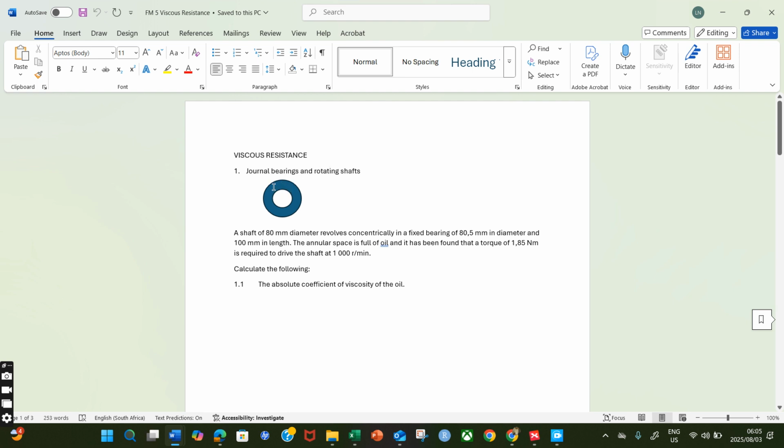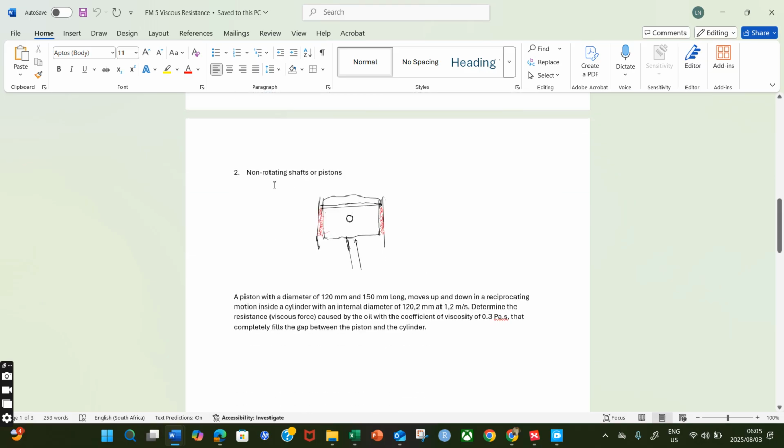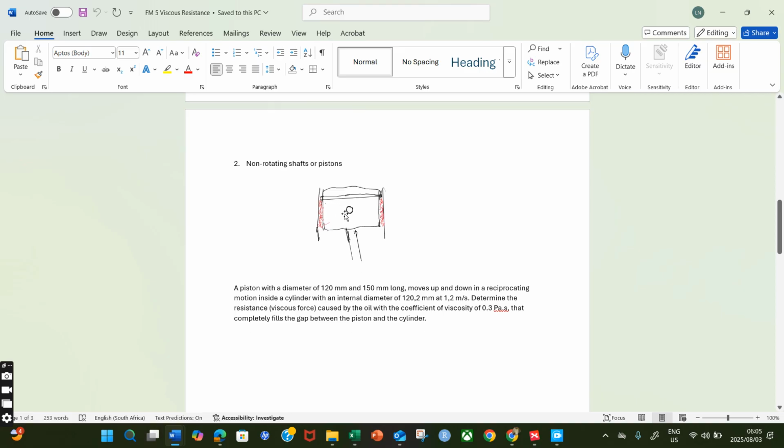We have different types of questions related to the viscous force. First, we have the ones related to the general bearings and rotating shafts. Secondly, we have non-rotating shafts or pistons, where we have a piston that is moving to and fro inside a cylinder.